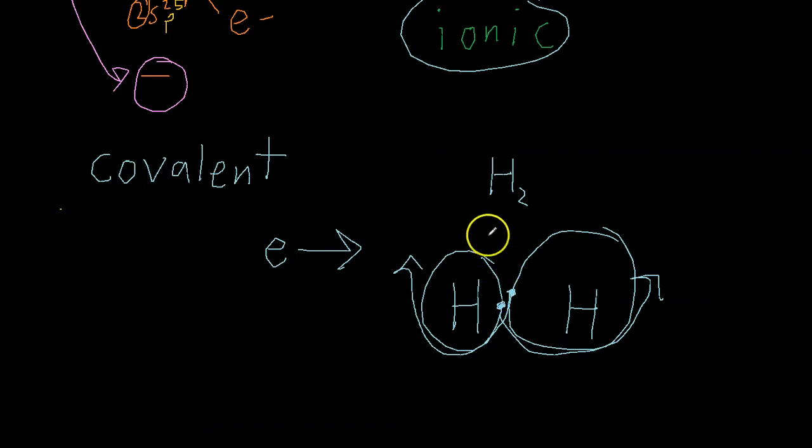So basically these two bond together and they share this pair of electrons, which is what happens in covalent bonding: you share a pair of electrons which can then sort of go around either atom equally in this case.